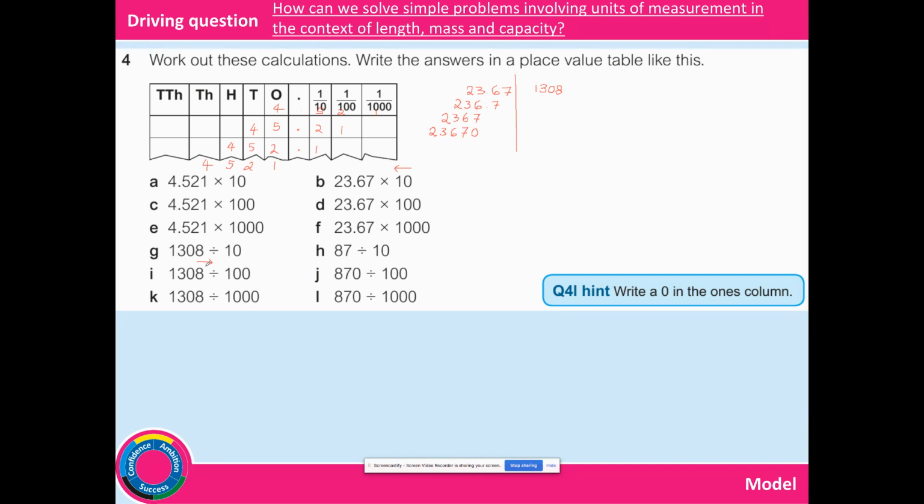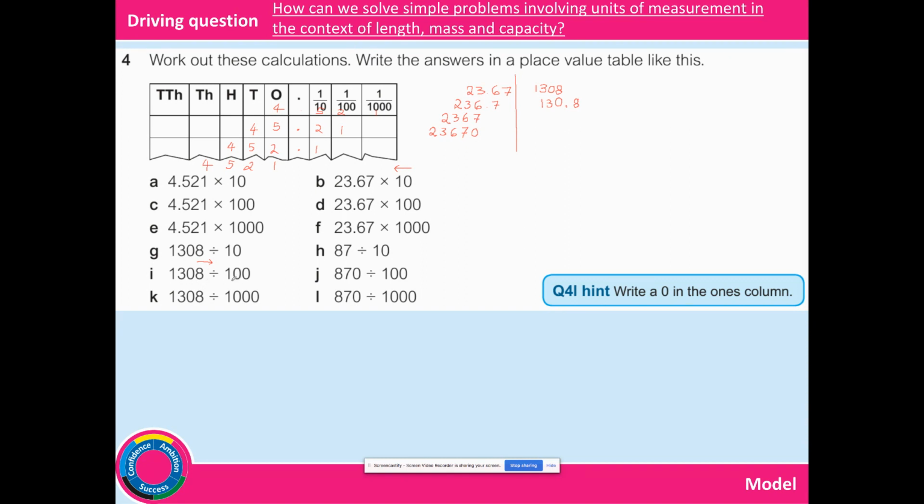I'm going to make a smaller number. So my 1, I'm dividing by 10, 1 zero, so 1 place. My 1 will move over here. My 3, my 0. And now because I'm going to end up with a fraction, because I've got to move that 8 over, I need to put my decimal point, and my 8 goes over on that side.